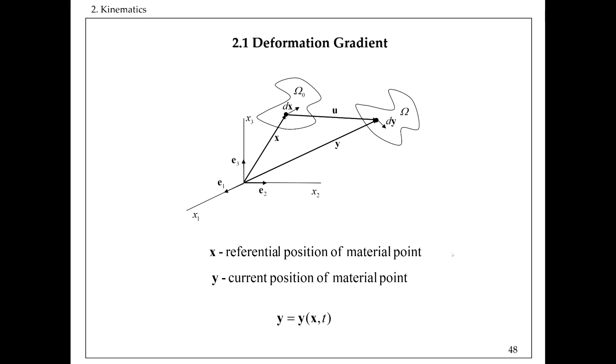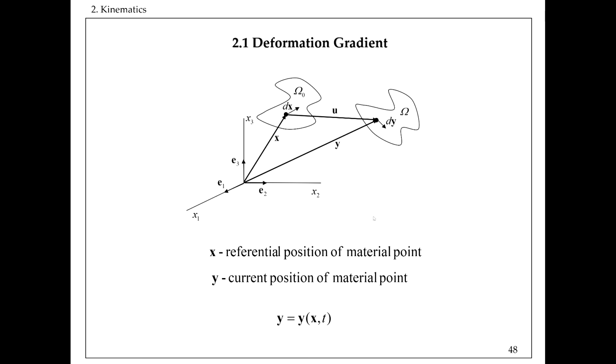Sometimes in literature, and actually quite popular, people use the following agreement. Whatever is in the undeformed or referential configuration, they put a 0 sign on, as a subscript or superscript, depending on preference.